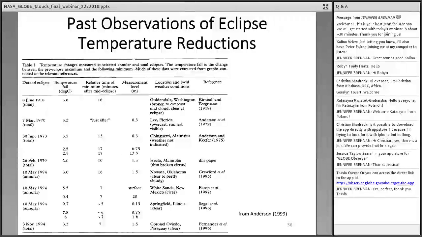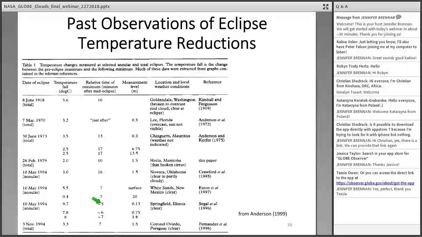So how do these numbers compare to what scientists in the past have seen? Here I'm showing a table taken from a summary paper written in 1999 that shows the temperature depression caused by past eclipses, as seen by pre-existing meteorological stations, and also the relative time of the minimum after the time of maximum obscuration.